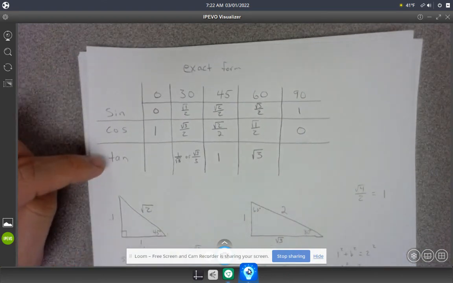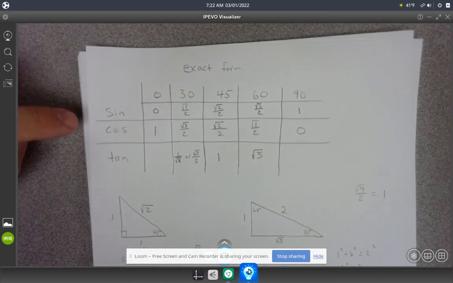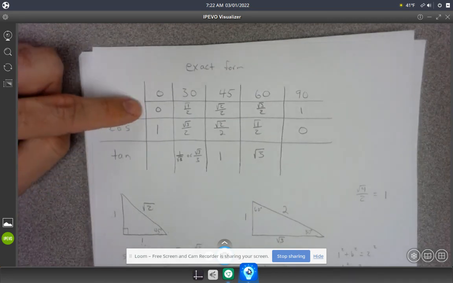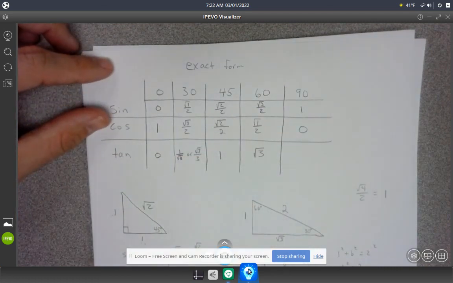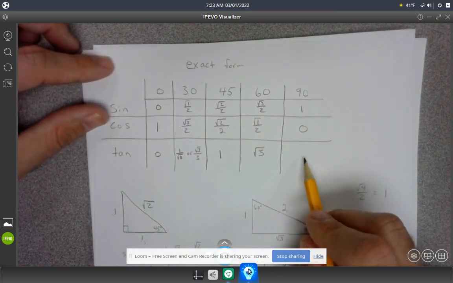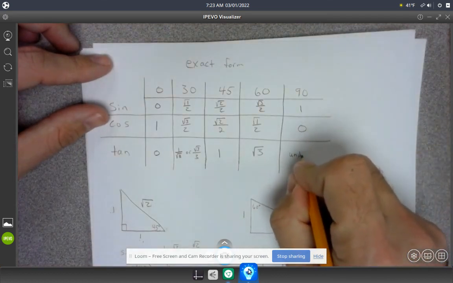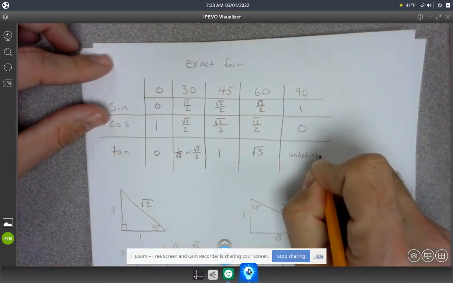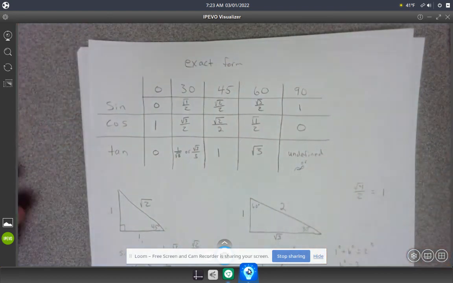For tangent, you're going to have to use your sine over cosine definition. So for tangent, we'll do 0 over 1, which is just going to be 0. And then for tangent of 90, it's going to be 1 over 0, which is undefined. Or a lot of times you might just say infinity.